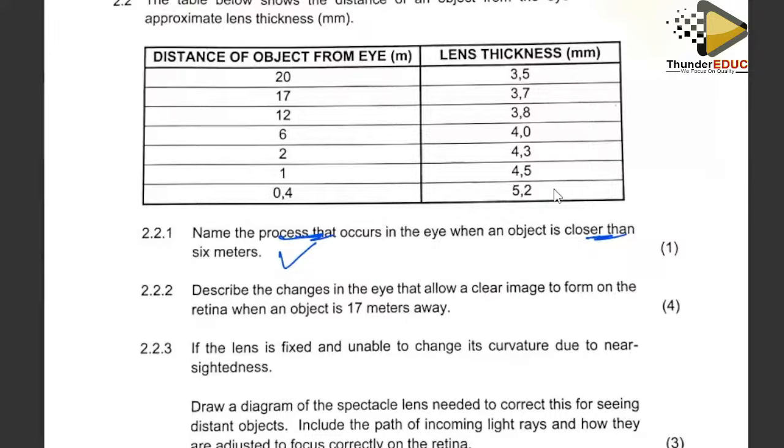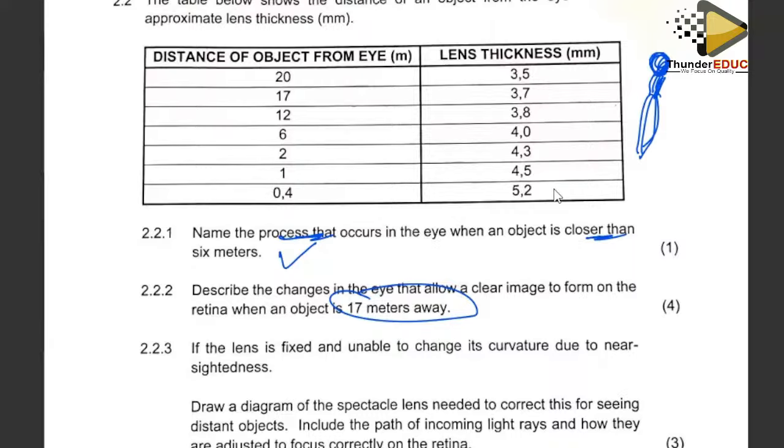Describe the change in the eye that allows a clear image to form on the retina when the object is 17 meters away. This is a far object. Remember, for a far object the lens becomes thinner, which is called less convex. The suspensory ligaments become taut. The ciliary muscles relax.